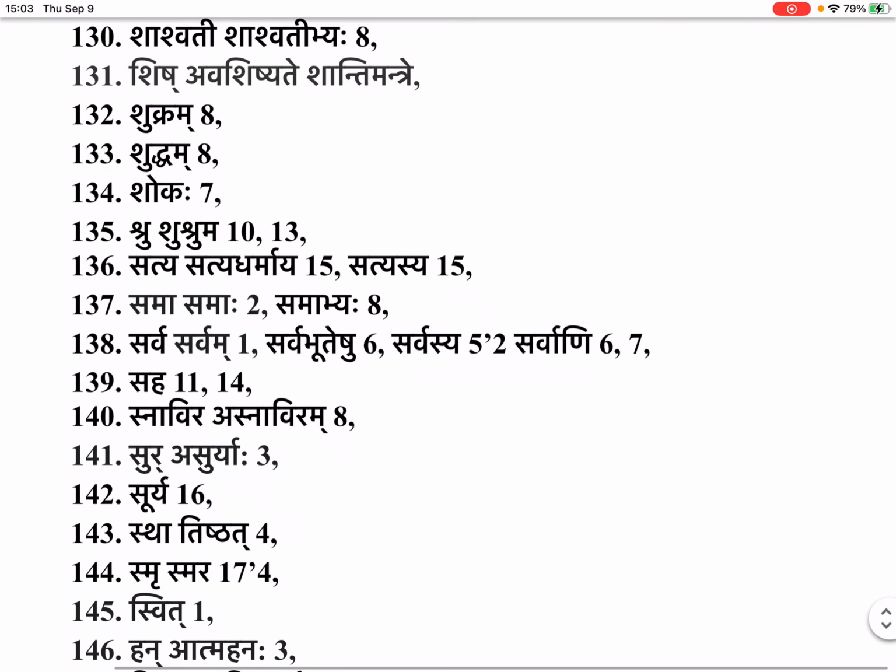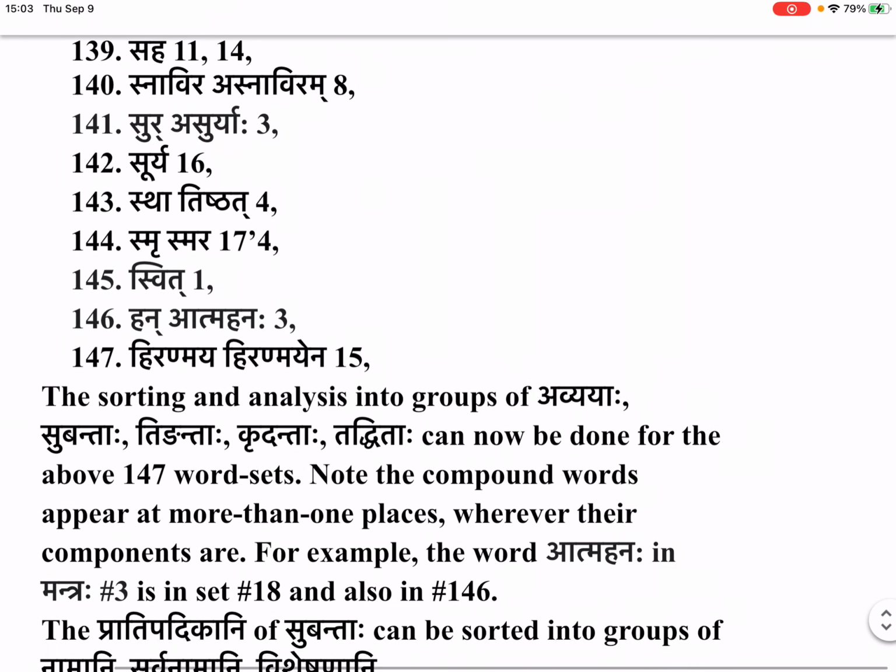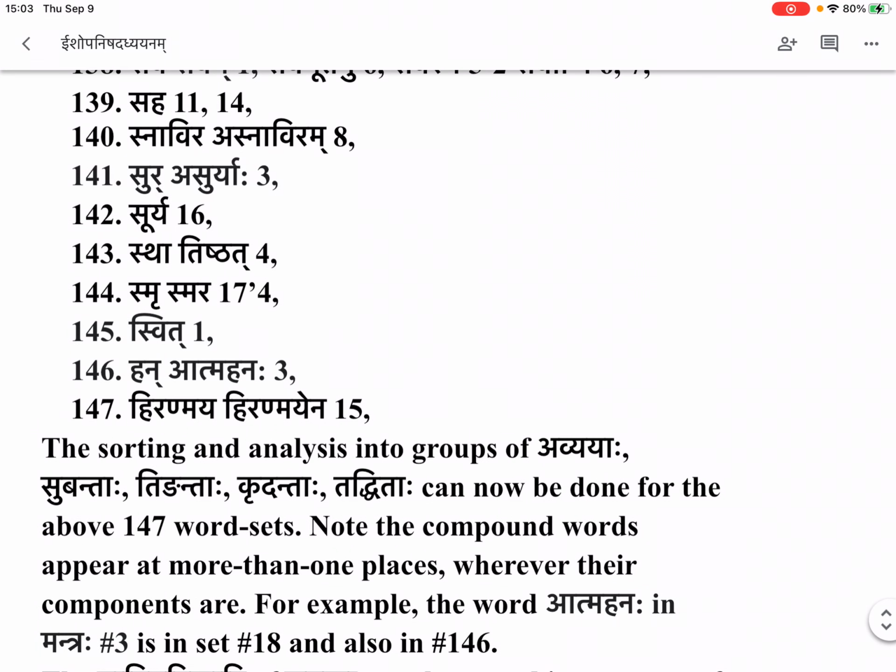shish avashishyate, sarva sarvam. So that list in terms of list of pratipadikani, avyayani and tigantani, krudantani all together referring to the pratipadikani and dhatavaha is 147.